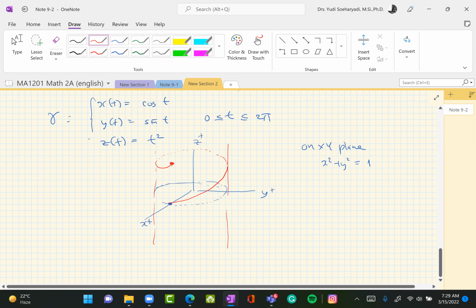Okay. So it's like a spiral thing, especially if you say t is not 2 pi, but say 6 pi. So it's like a spiral.